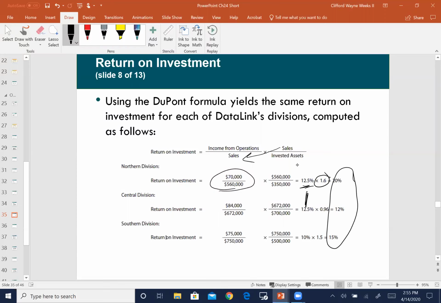Where they're really suffering is in the efficiency of their assets. And so hopefully we can take things that we learned from the northern division and apply them to the central division to make the overall corporation more profitable.